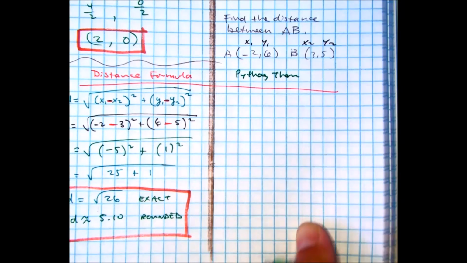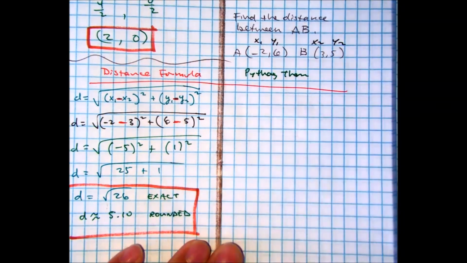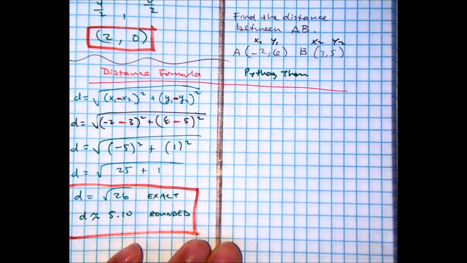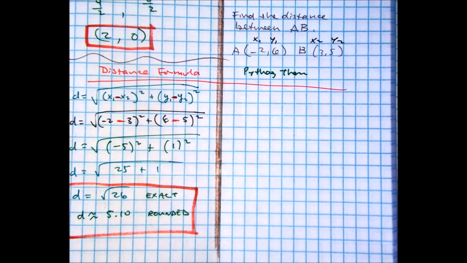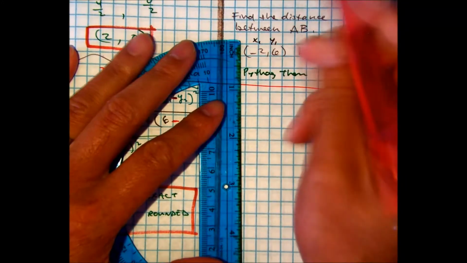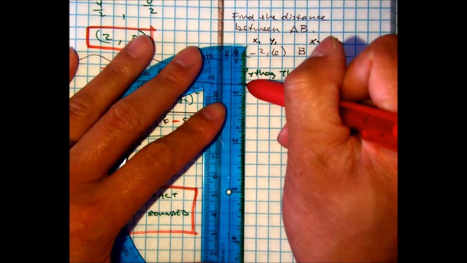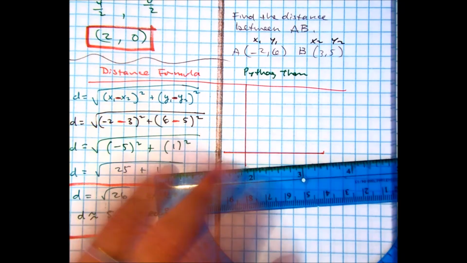Now, you can do this problem in any of these methods, but I would choose the Pythagorean theorem because there are no negative signs. Let's go ahead and graph those points. The hardest part is drawing a triangle.